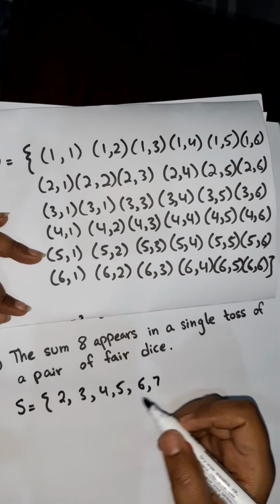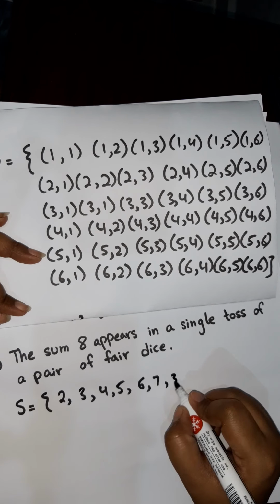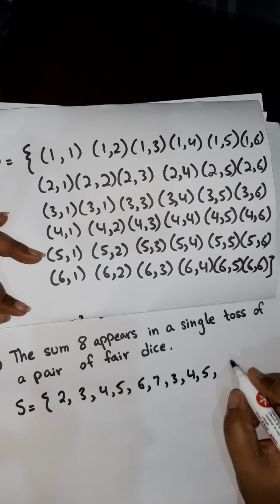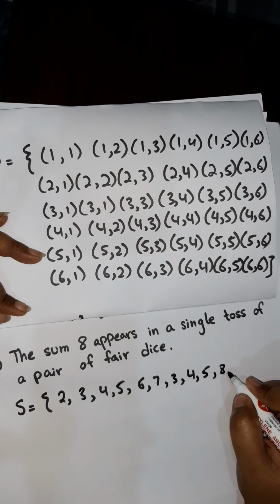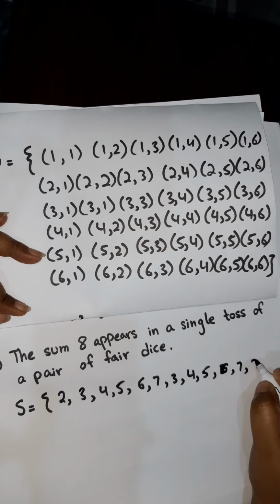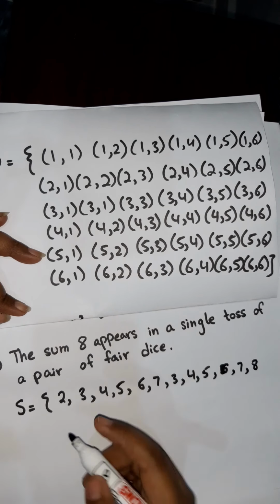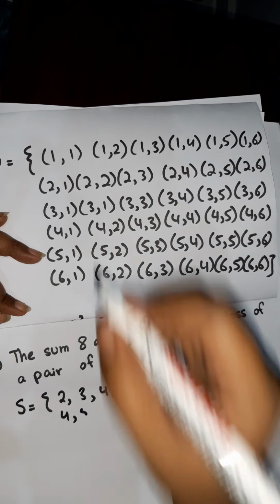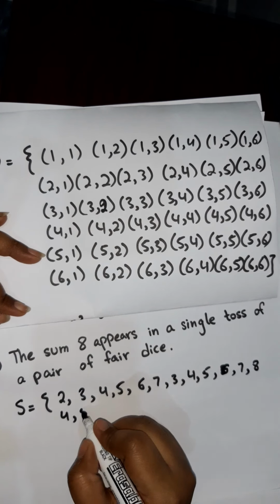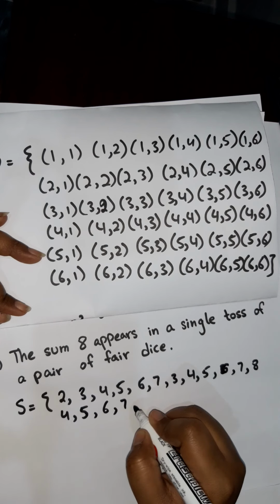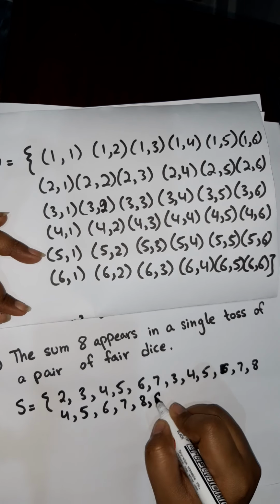Then 2 plus 1 is 3, 4, 5, 6, 7, 8. Then 3 plus 1 is 4, 5, 6, 7, 8, 9.